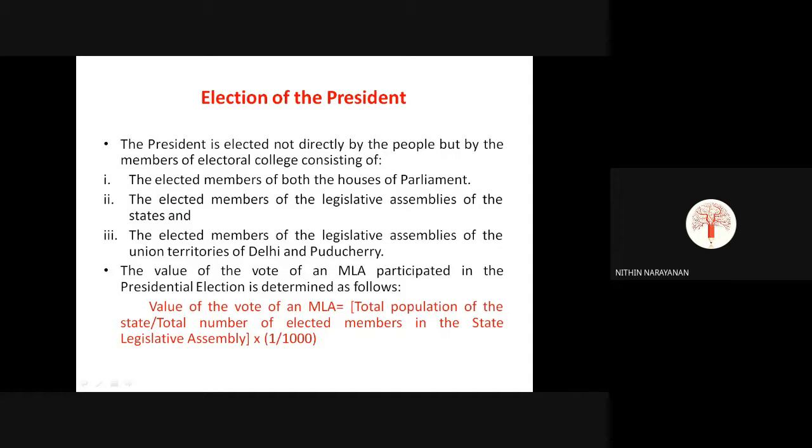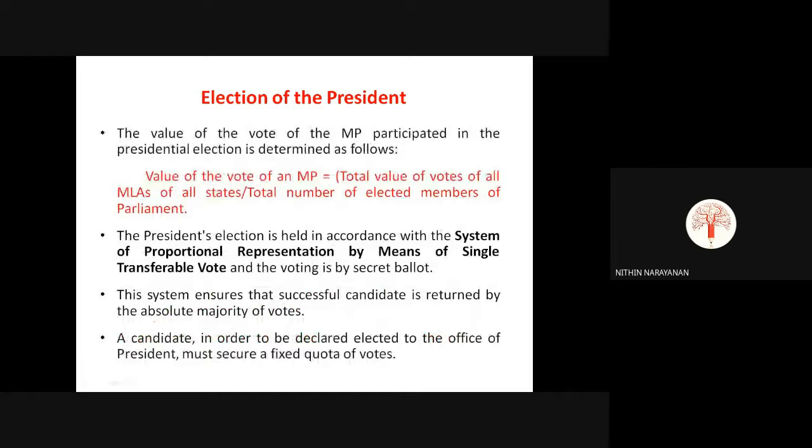So it always depends upon the population and the number of elected members. Okay, so this is the formula to find the vote share per MLA, and it will be different for different states.